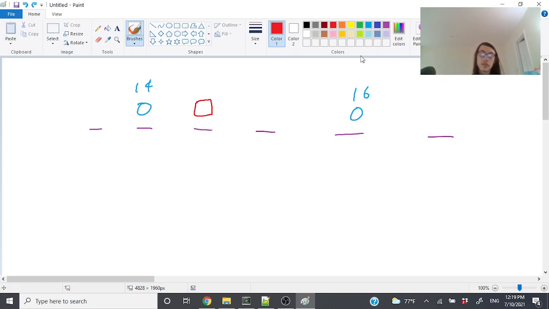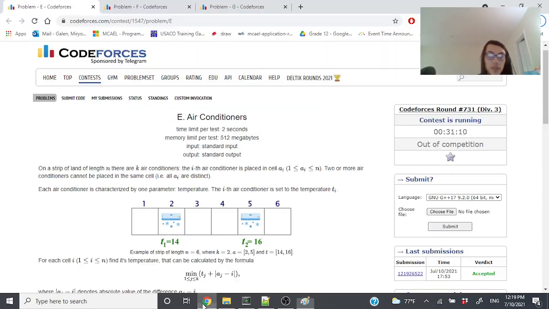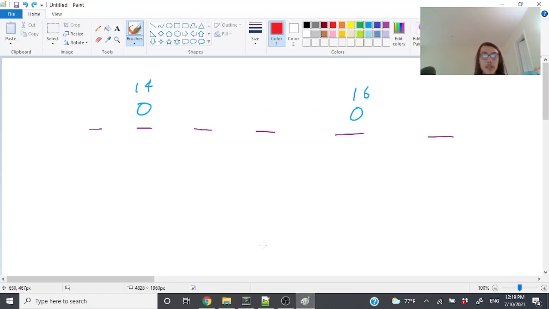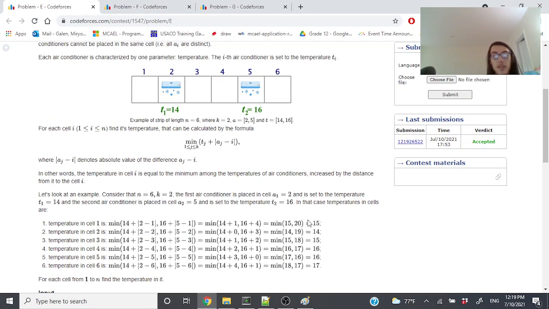Yeah, so we want to find efficiently the temperature of each cell. Of course, we can do it in O of n times the number of air conditioners, or nk, but that would be too slow, so we need to be a bit better about that. So the way this would work is we're going to do a common trick where we break the absolute value.